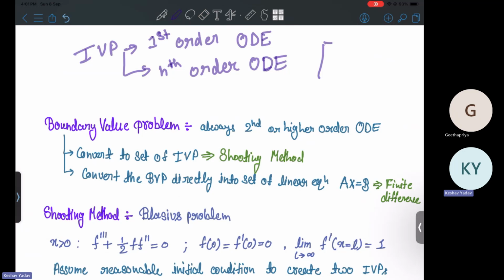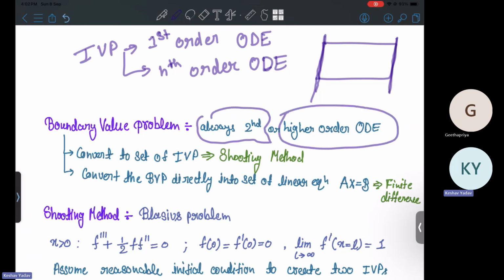A boundary value problem comes when there are some conditions at the boundaries. So this is one boundary, and suppose this is the second boundary. So we have two boundaries, at minimum two. So these boundary value problems are always second order or higher order ordinary differential equations.